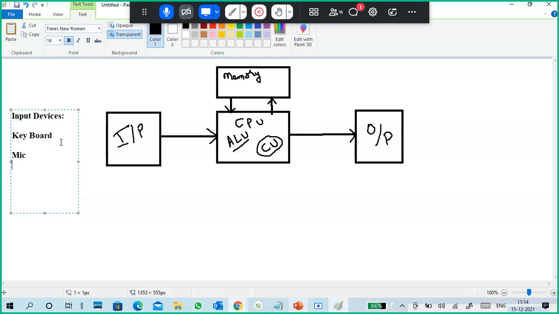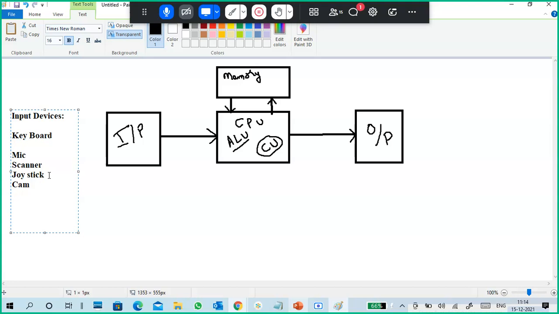Mouse is a pointer device, of course, input as well as a pointer device. Mic, mouse, very good. Scanner, joystick, cam, very good.